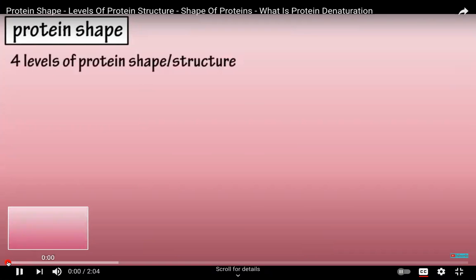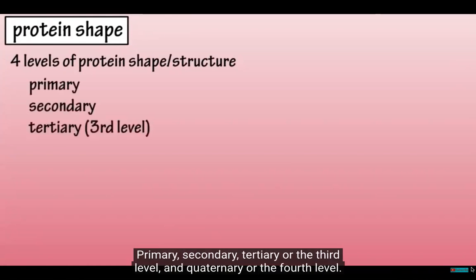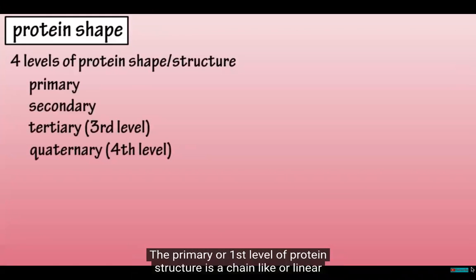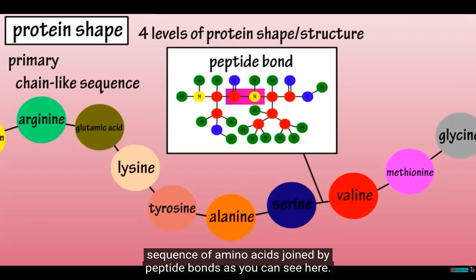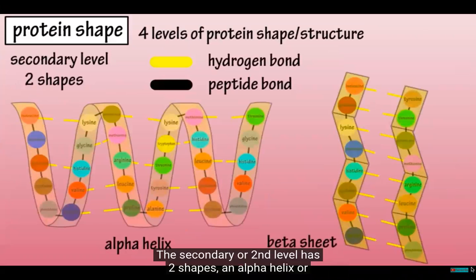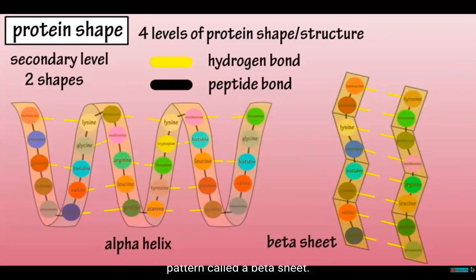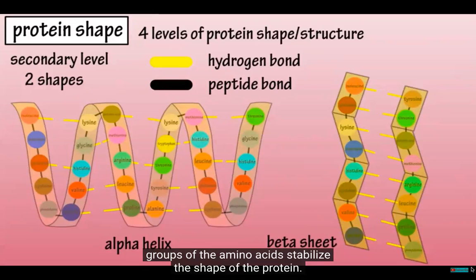There are 4 different levels of protein structure or protein shape: primary, secondary, tertiary, or the 3rd level, and quaternary, or the 4th level. The primary or first level of protein structure is a chain-like or linear sequence of amino acids joined by peptide bonds, as you can see here. The secondary or second level has two shapes, an alpha helix or coil-like formation, or a folded pattern called a beta sheet. In both of these structures, hydrogen bonds between the amino acids stabilize the shape of the protein.